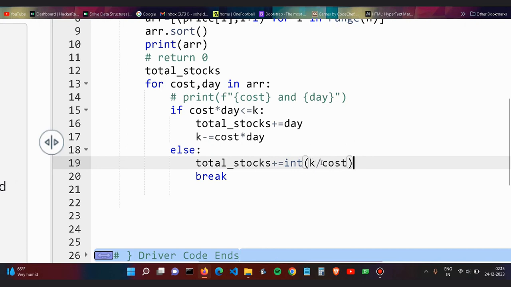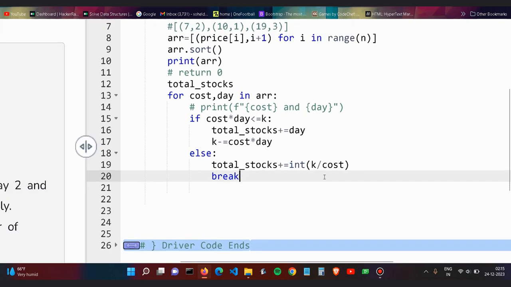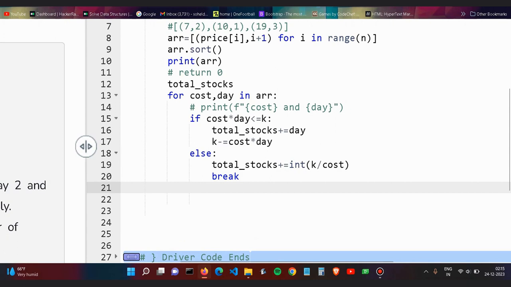Say if the cost is 11 but the remaining amount we can invest is 3, this will result in 0. That means we can buy no more stocks. So yeah, we'll be breaking, and after all the proceedings I'll just return the stocks.